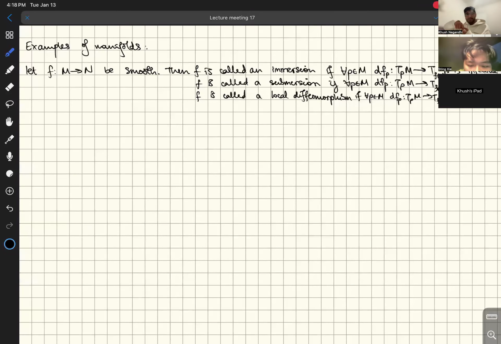And so these two things are now diffeomorphic. Okay. So in other words, a map is a local diffeomorphism if it is both an immersion and a submersion. One thing to note is that local diffeomorphisms may not be diffeomorphisms. You can have non-bijective local diffeomorphisms.